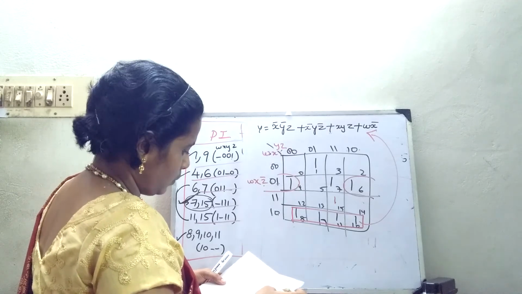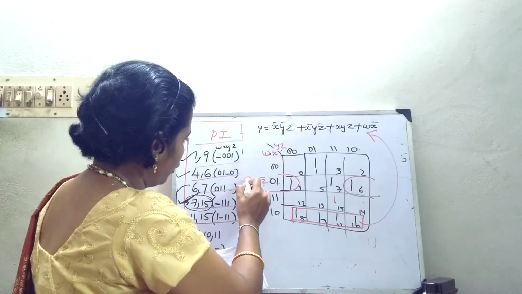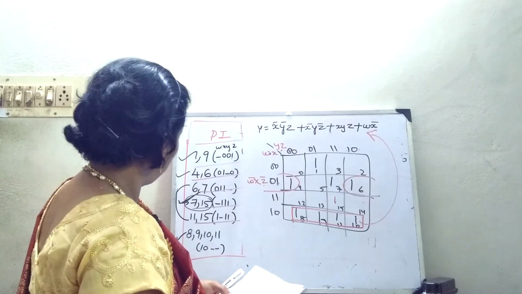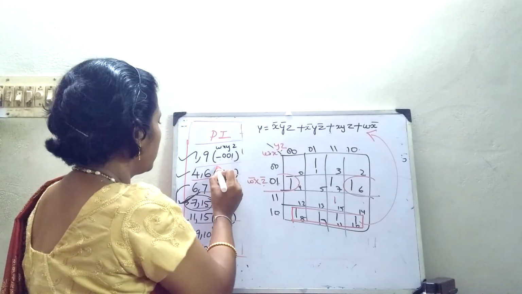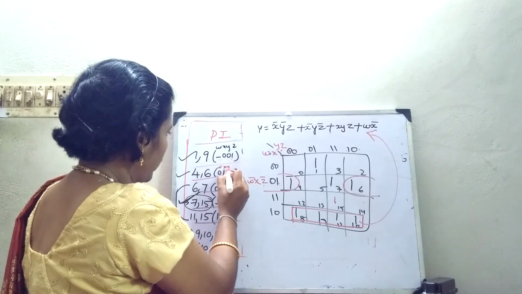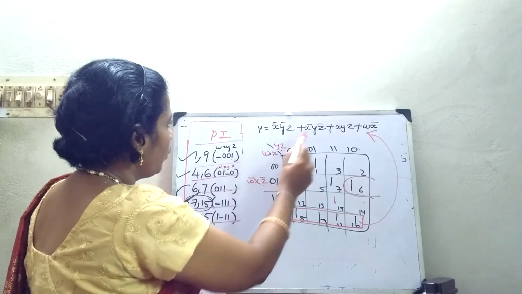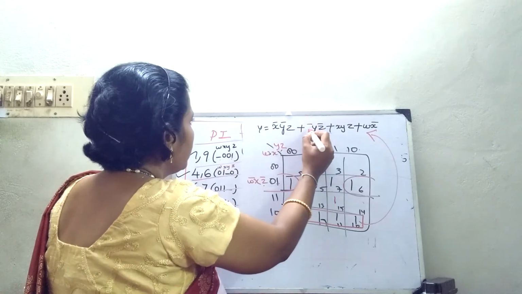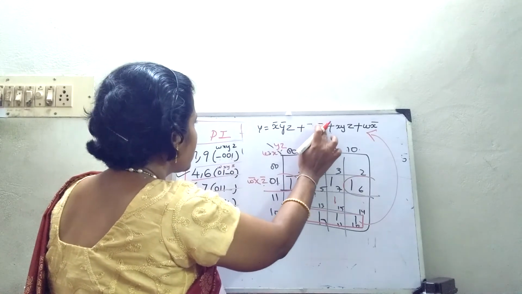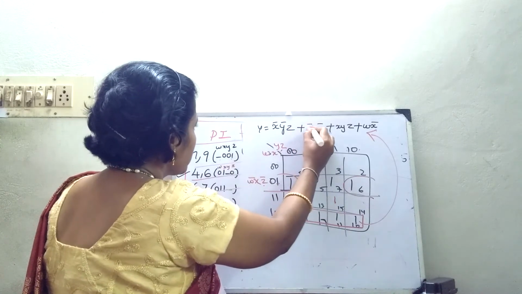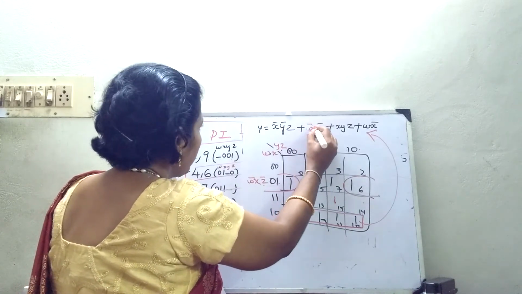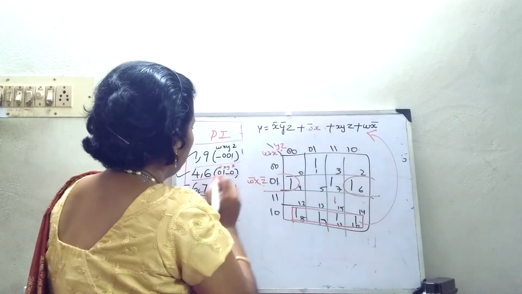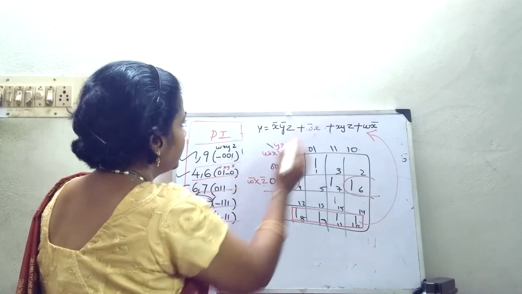See, this is W X Y Z, so whenever I am writing, it should be W bar. I have just taken the last 3 literals. Sorry, it is W bar X Z bar.